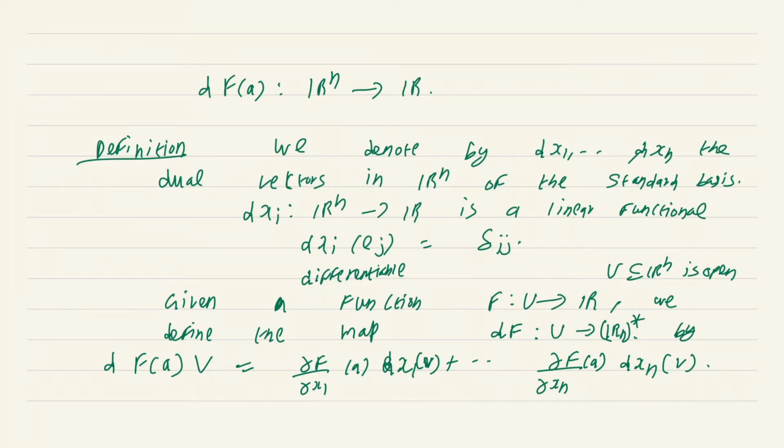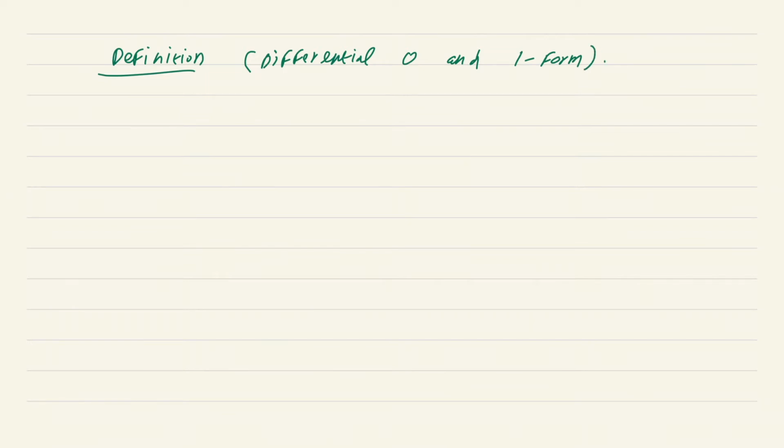Okay, the next definition is going to be one of the central definitions of this course, the definition of differential 0 and 1 forms. So the definition is as follows: let U subset of Rn be open.